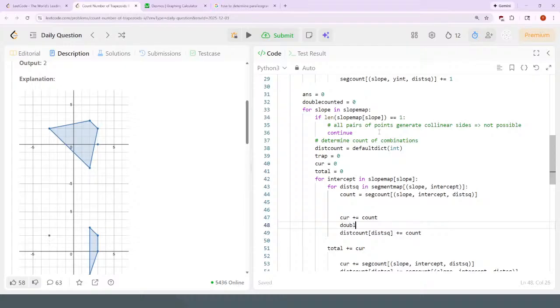So double counted is increased by the number of previous things that have this distance. So if this thing has one distance, the number of prior instances where I saw something that is one distance within this slope.